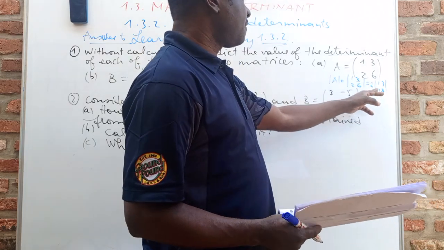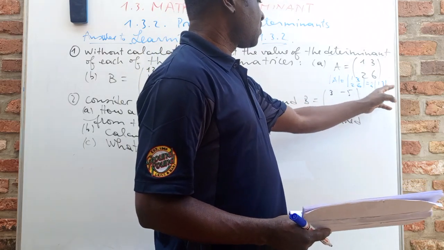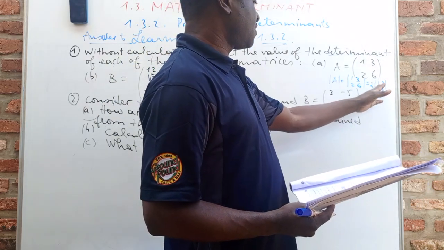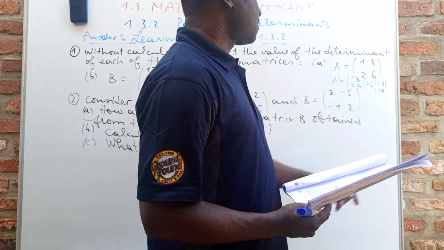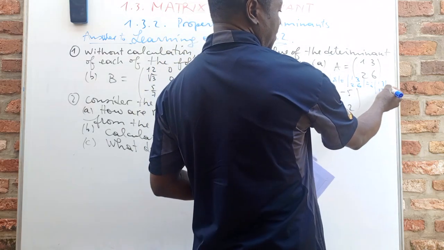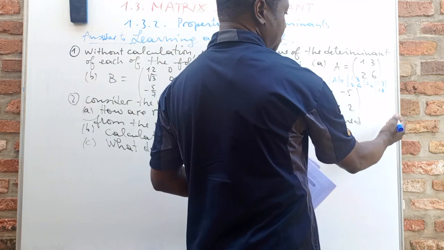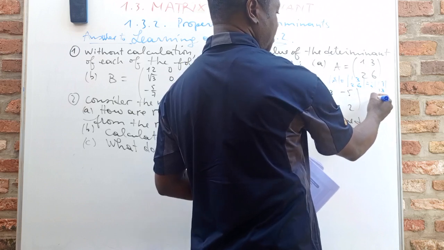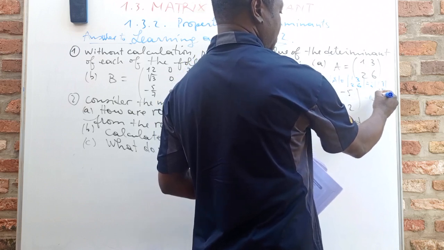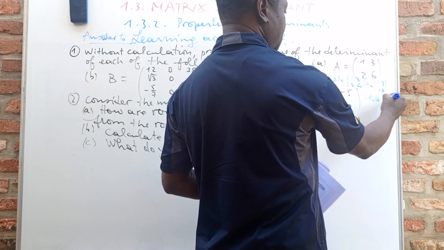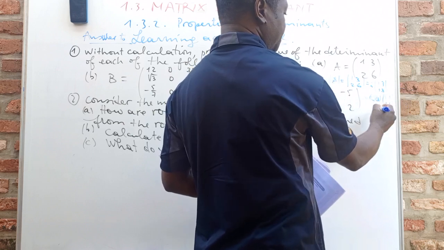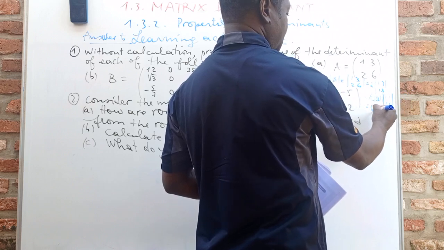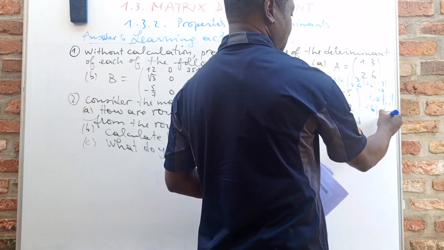Now here we have 2 columns where the second column is a multiple of the first, so we can factor out 3, and get 2 times 3, so the determinant of 1, 1, 1, 1, you can have 6 times the determinant of 1, 1, 1, 1.